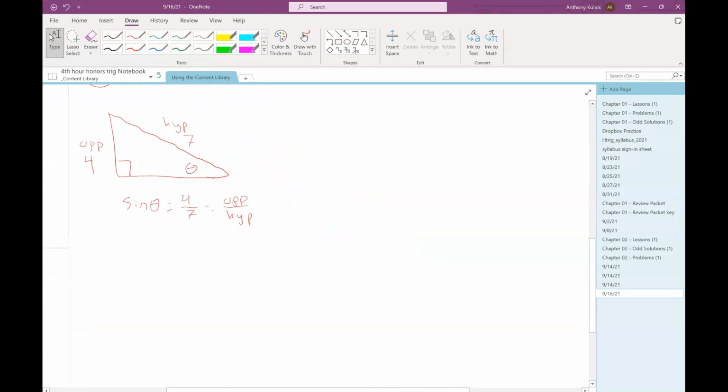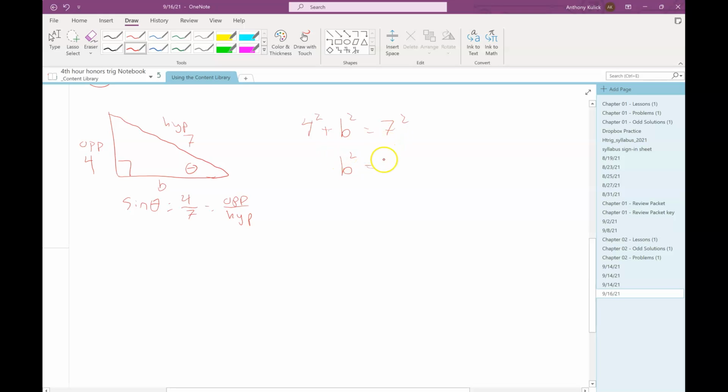I can find the third side then using the Pythagorean theorem. I'm just going to call this side B for the sake of giving it a name. Remember, when you're setting up the Pythagorean theorem, the hypotenuse must be the C. The sum of the legs squared is the hypotenuse squared.